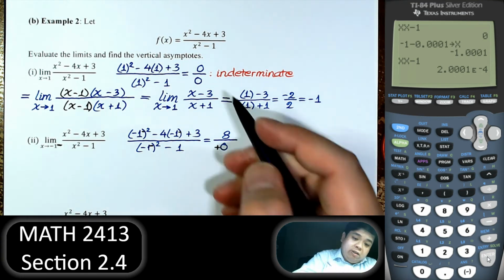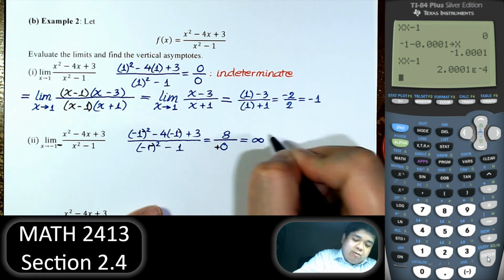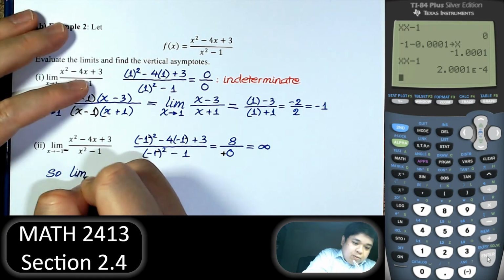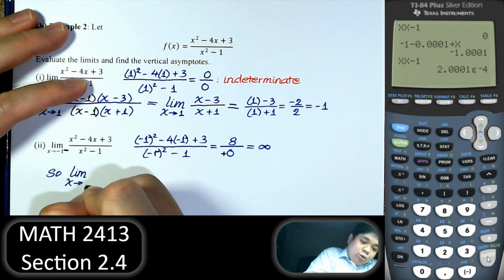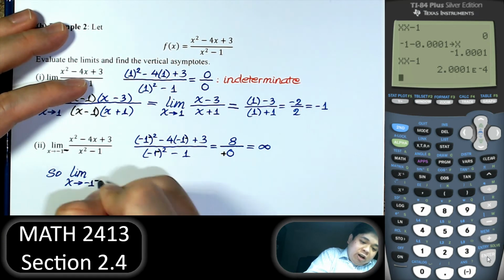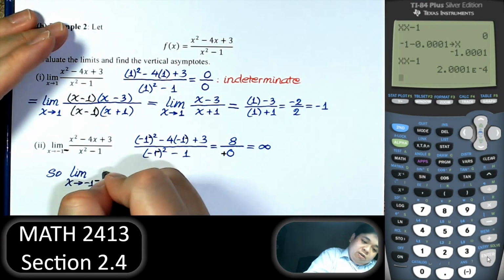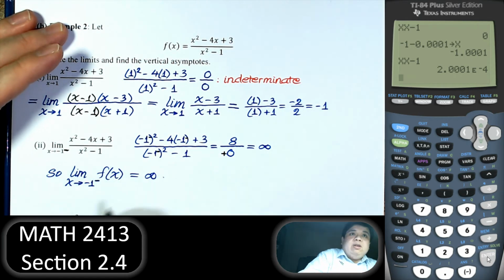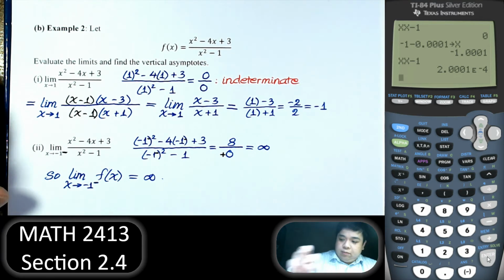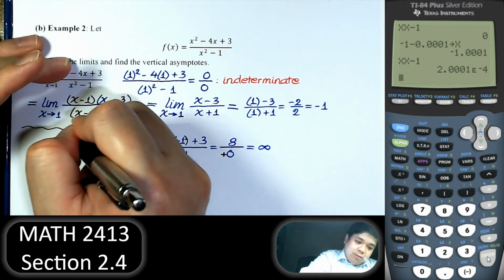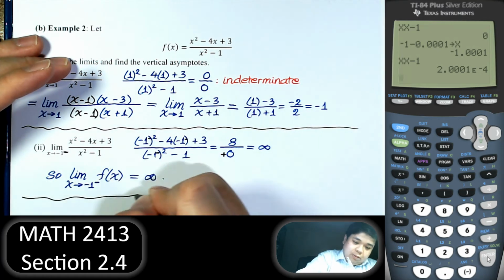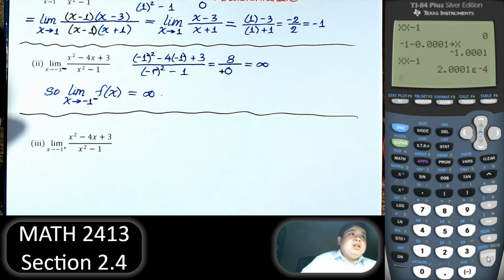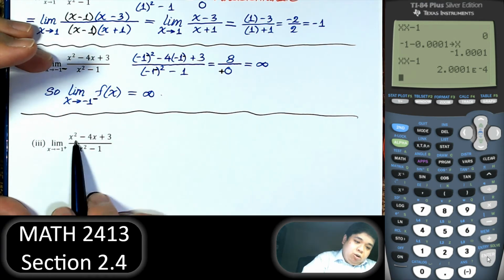Positive divided by positive is positive. So the limit when x goes to negative 1 from the left hand side of the function is equal to positive infinity. Now we do pretty much the same thing. Put negative 1 on the top.